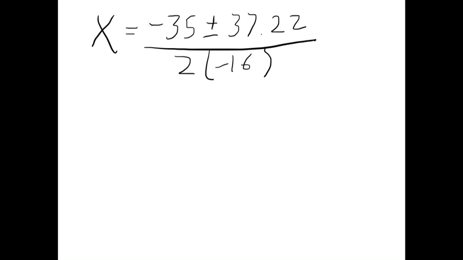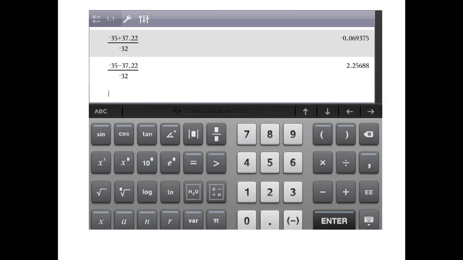So that's fairly complicated. We're going to need the calculator again to figure it out. I used my calculator app to plug in the rest of the equations that we have. We had negative 35 plus 37.22, all divided by negative 32.